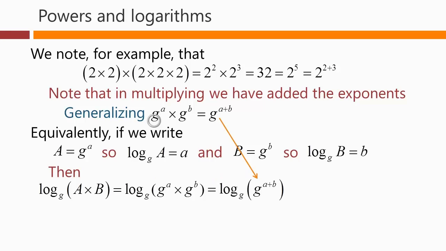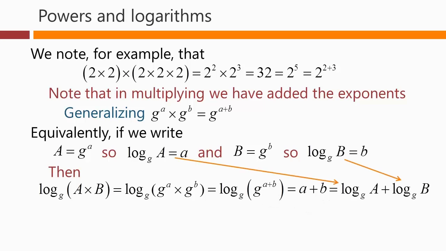And we know since g to the power a times g to the power b is equal to g to the power a plus b, then what we have in here must be what we have over in these parentheses. And we know by definition that log to the base g of g to the power a plus b is just equal to a plus b. But that is equal to the log to the base g of capital A plus the log to the base g of capital B.